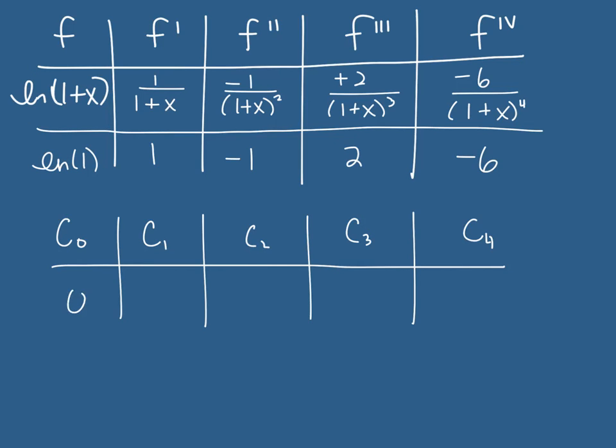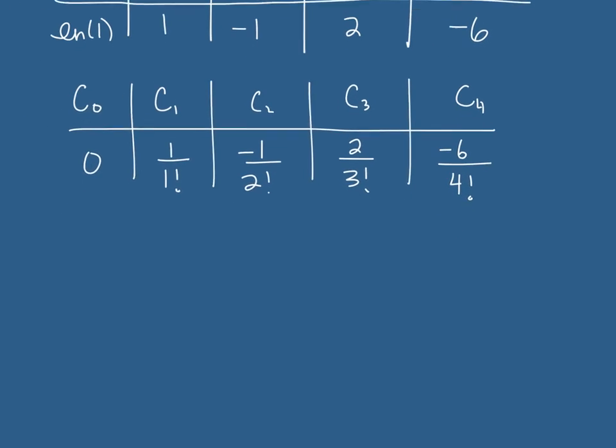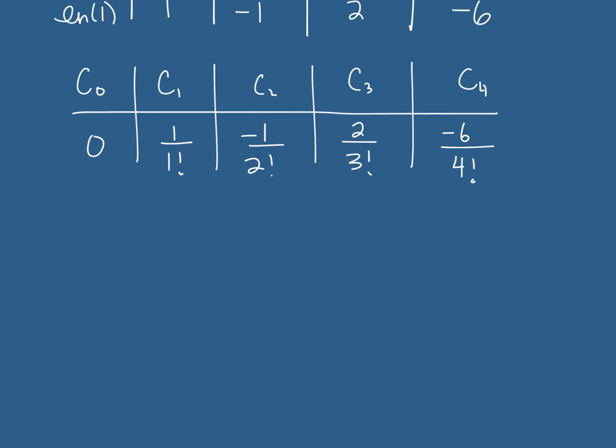So I'm going to get 0, 1 over 1 factorial, negative 1 over 2 factorial, 2 over 3 factorial, and negative 6 over 4 factorial. And some of those can be simplified. So then I'm ready to build my fourth order Taylor polynomial.